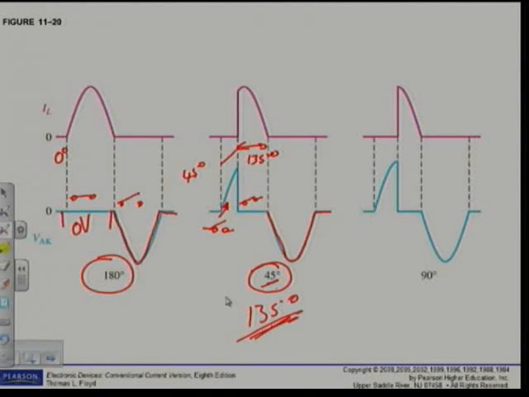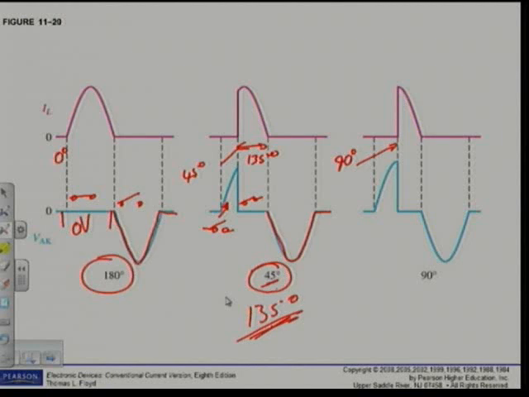The last one they say, degrees conduction. Now we got 90 degrees conduction. In this case of 90 degrees, at what are we going to trigger? In this case, we're also going to trigger at 90 degrees. That means the trigger pulse at the gate should be at 90 degrees.